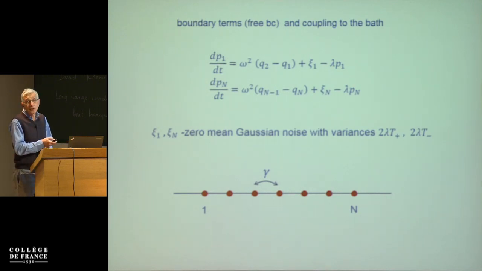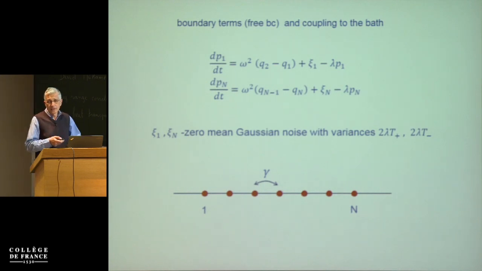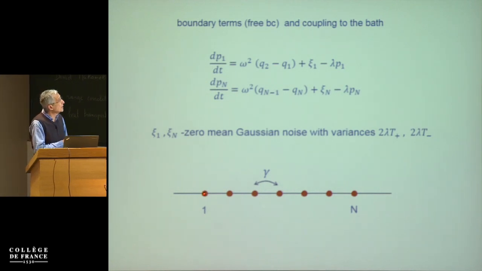T plus is the temperature of the bath at the plus end, and T minus is the temperature at the minus end. So the temperature is introduced with a noise term along with dissipation, which obey the fluctuation-dissipation theorem with temperature T plus. That's basically how it's coupled to the bath.